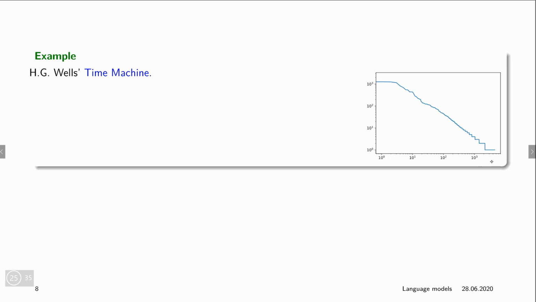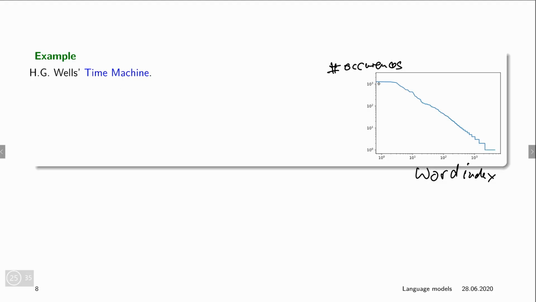So here's the index of the word, starting with the first word and then going to the thousandth word and so on, on a log scale. And here we see the number of occurrences. And we observe that, except for the start here, this plot roughly follows a straight line on a log scale.